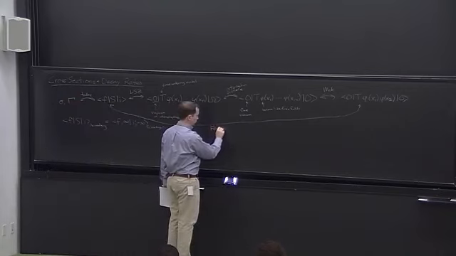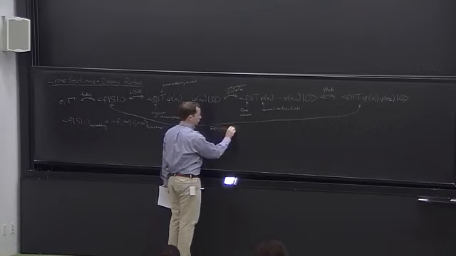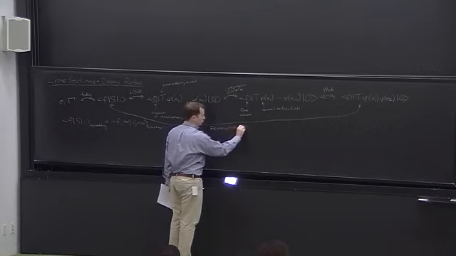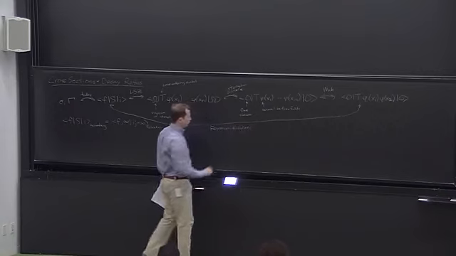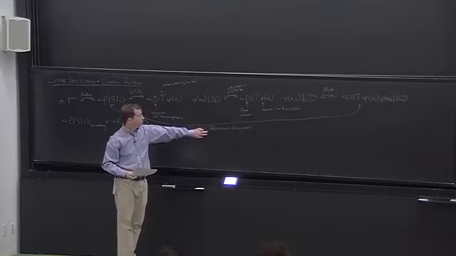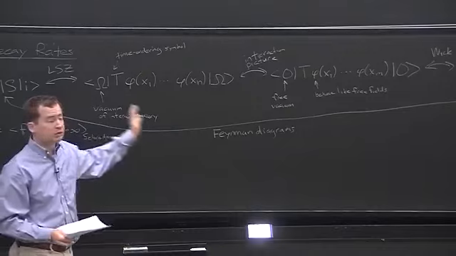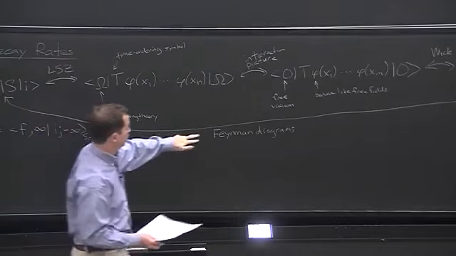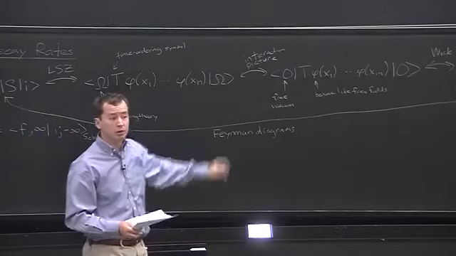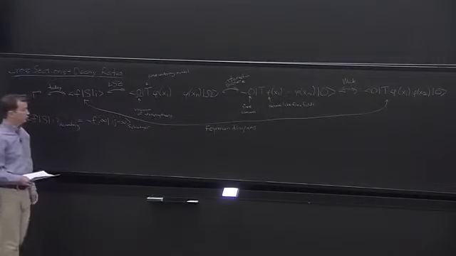And this is Feynman diagrams. And I'll argue that this procedure, which you'll see involves far fewer steps than the first time we'll do it, is entirely equivalent to what we'll do over the next few lectures.